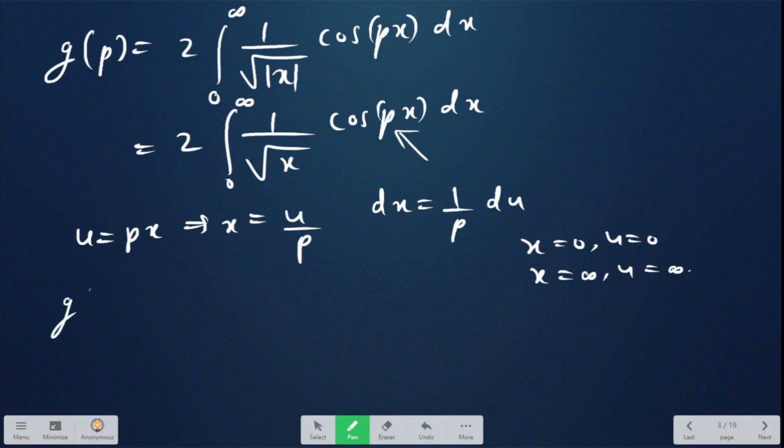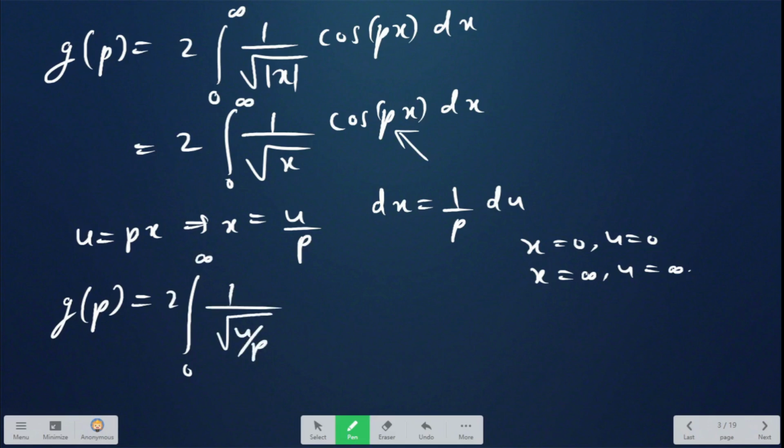Therefore I can write g of p is equal to, now I will write everything in terms of u, 2 times integral 0 to infinity 1 by root of x, where x is u by p, cos of p times x, where x is u by p, times dx, which is 1 by p du.